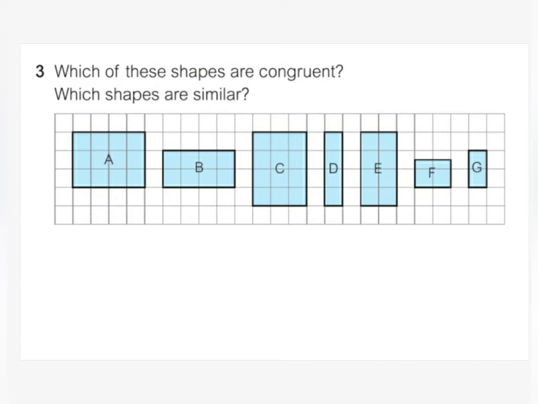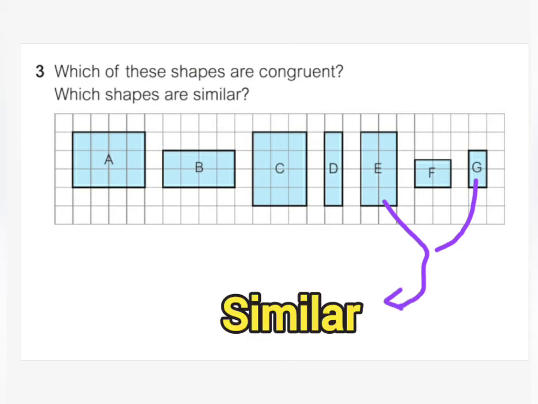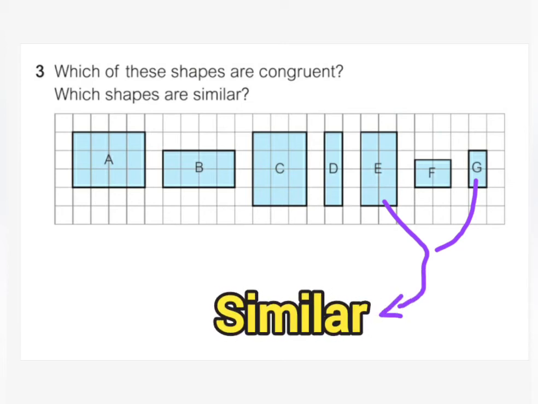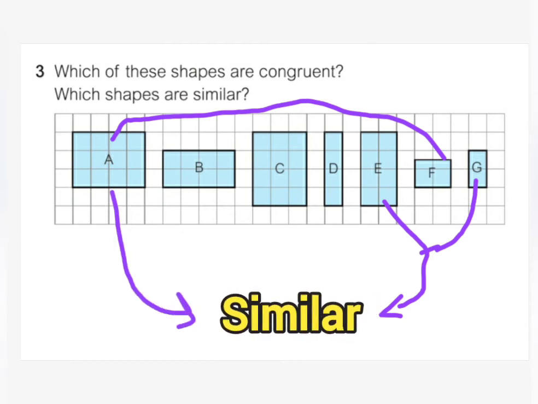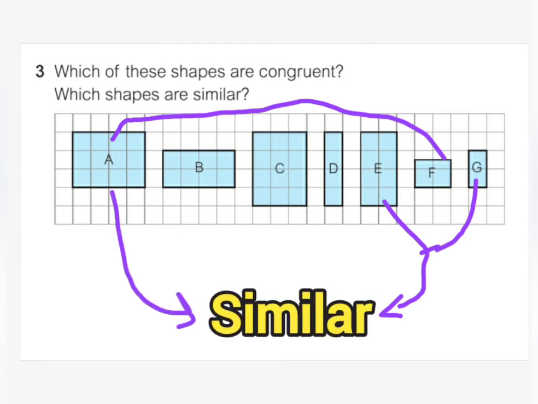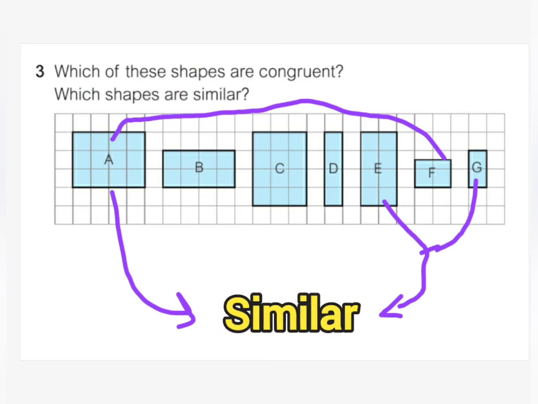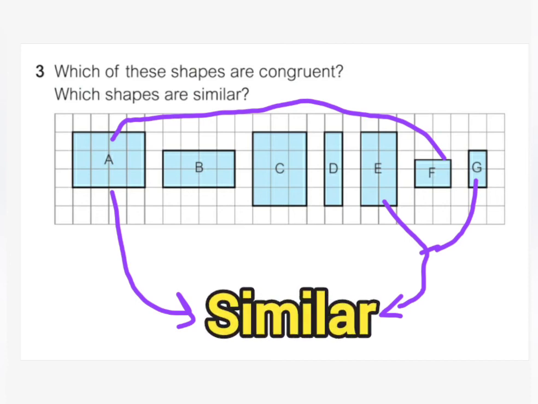For example, let's take a look at shape E and G. Yes, E and G are similar. Good. And we have B, F and A are similar. Very good. So E and G and A and F, they are similar.